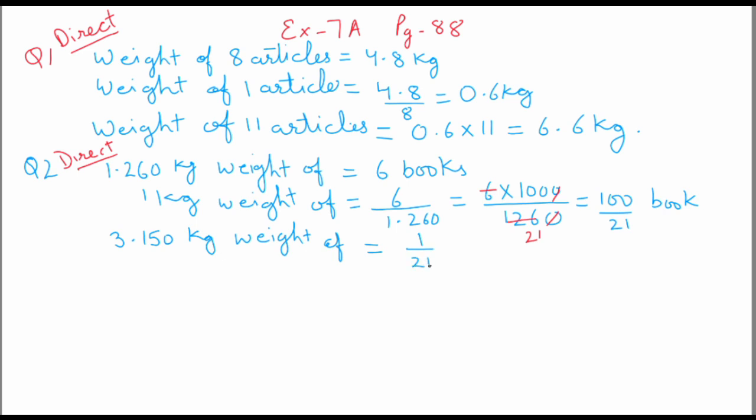1 over 21 into 3150 divided by 1000. Now cut this off. 0 with 0. 3 7s are 21, 3 sevens... 105, and further when we cut it off we will get 15. 7 15s are 105.